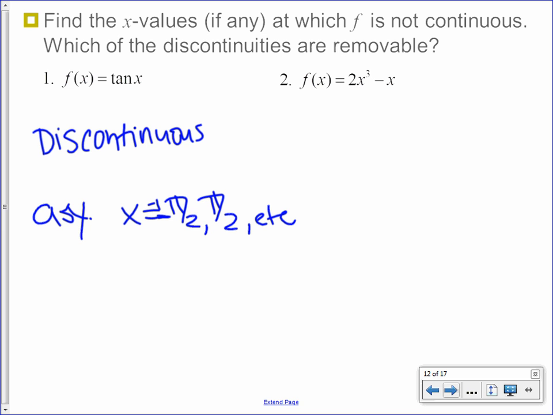These are pi apart, beginning at pi over 2. We could write that as asymptotes at pi over 2 plus pi n. So our asymptotes begin at pi over 2, and they're every pi apart. And what kind of discontinuities are these? They are non-removable.